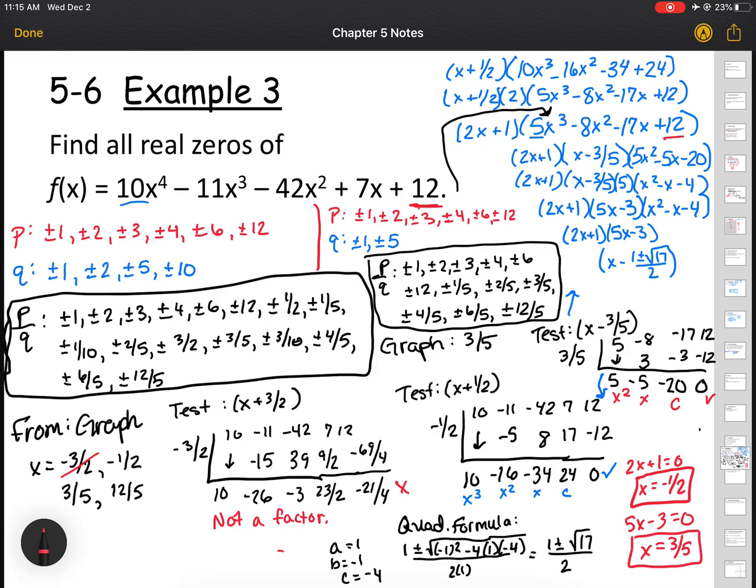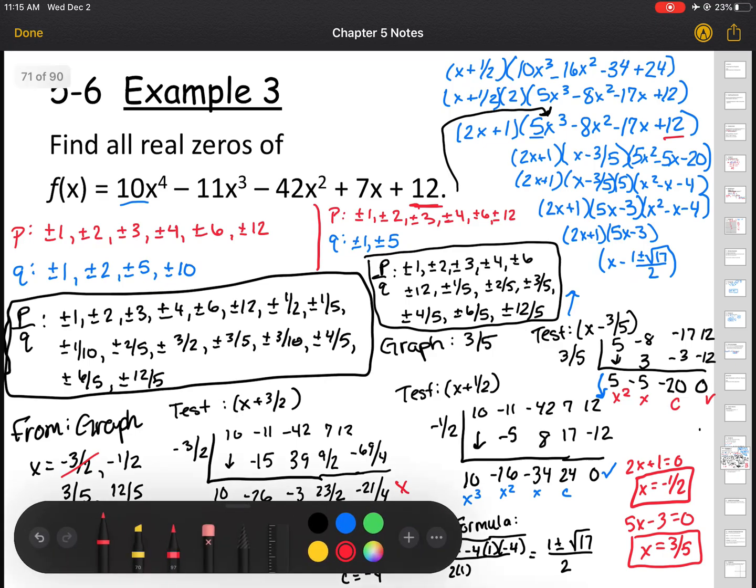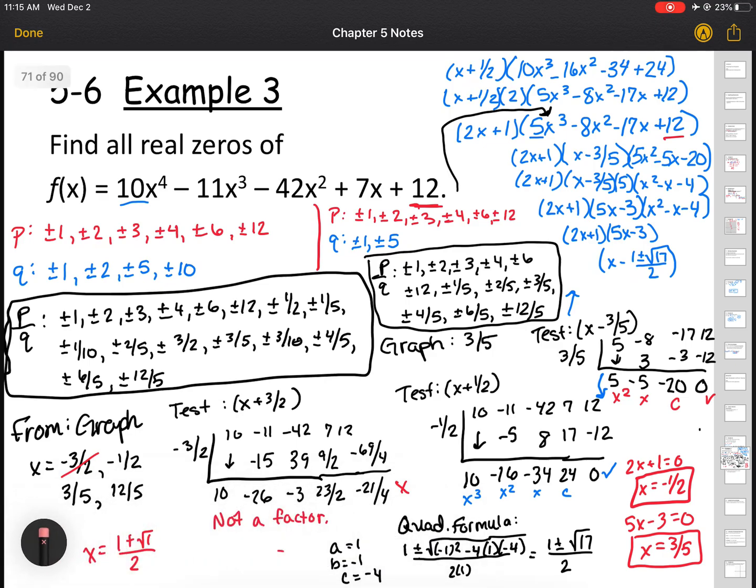And then coming from the quadratic formula, we got another factor to be x equals 1 plus square root of 17 over 2. Or 7, sorry. So there's another one. And last but not least, x equals 1 minus square root of 17 over 2. So here's our last one there.